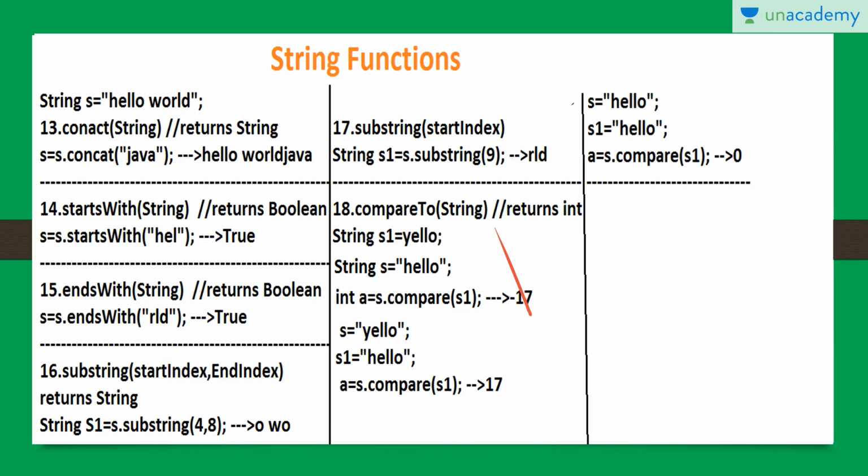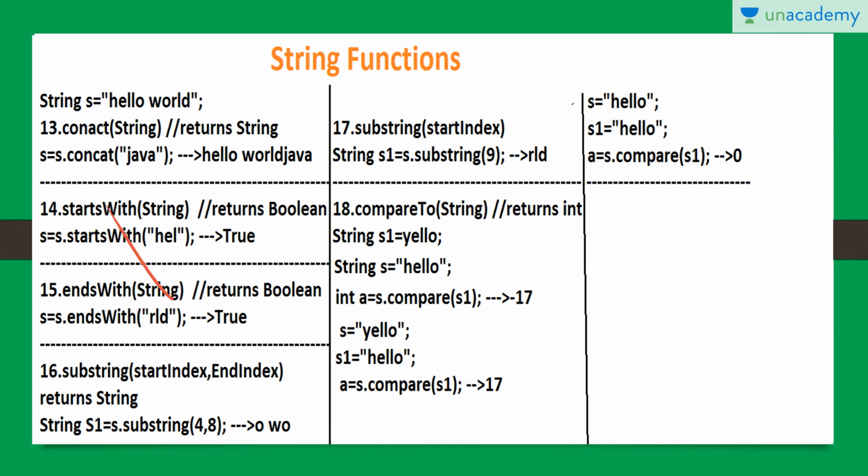So it is easy: if the result is negative, then s1 is greater. Why? Because h minus y gives us a negative result, so the second one is larger. Now if we take yellow as s and hello as s1, then what will happen?